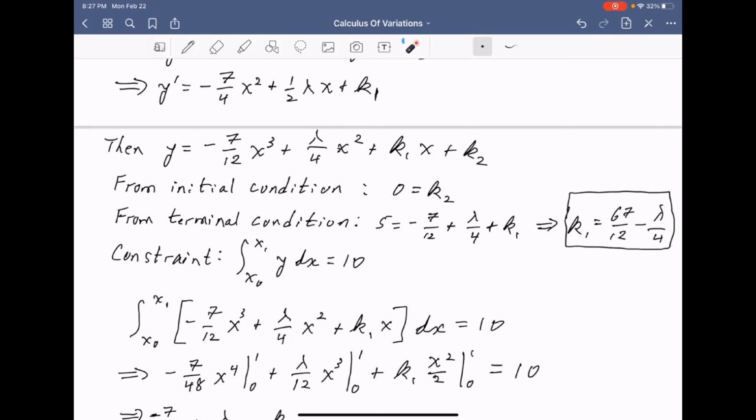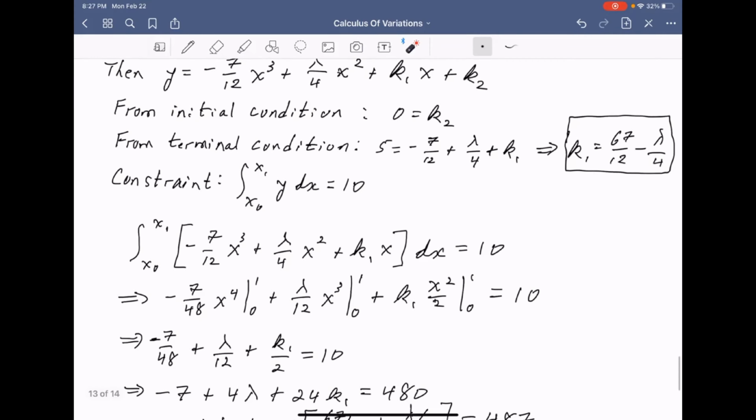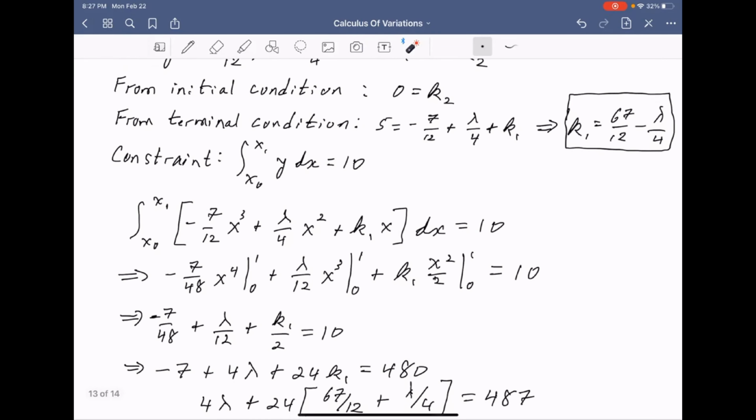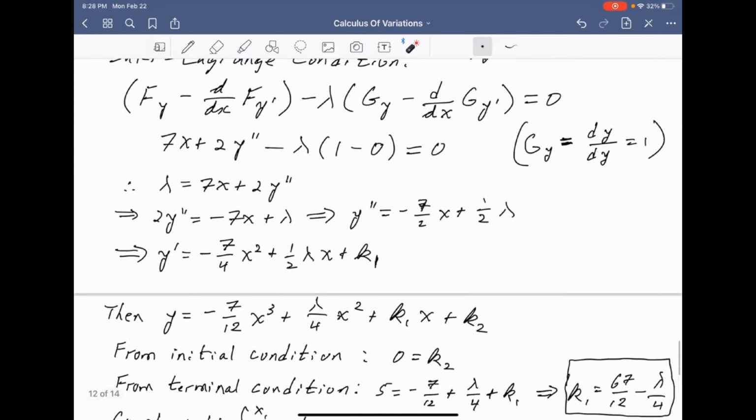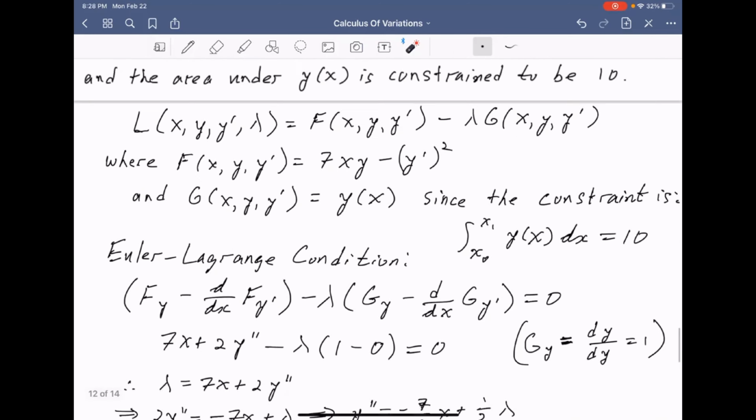So we're going to take that function and set it equal to 10. So doing so, we get minus 7 over 48 times x to the fourth, evaluated from 0 to 1, because x goes from 0 to 1, x0 to x1.